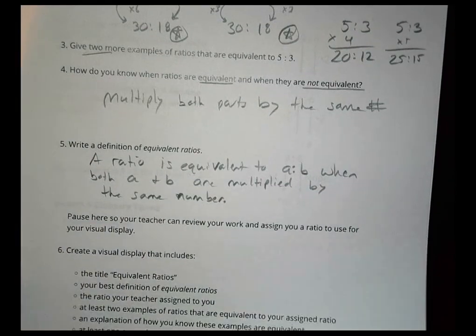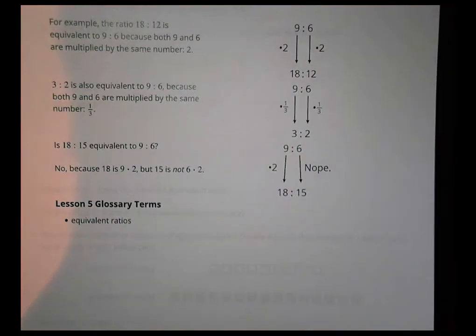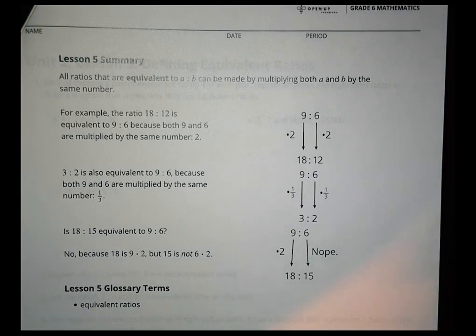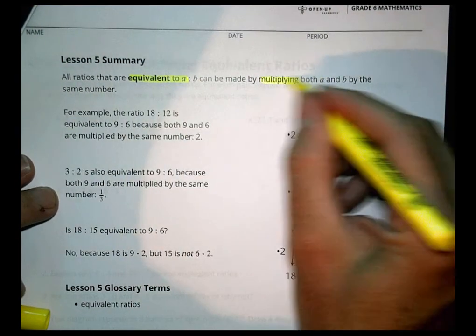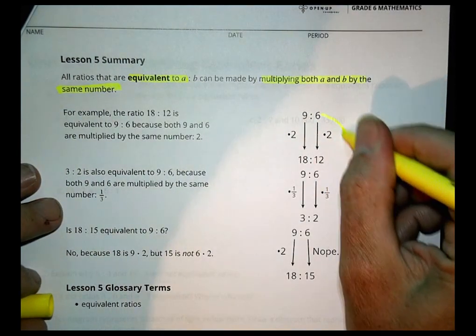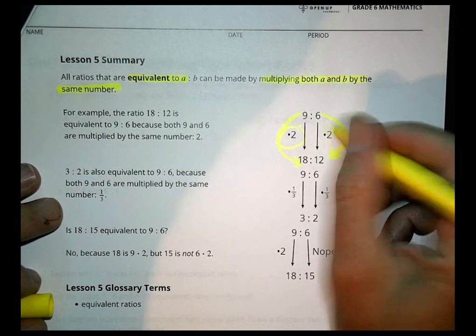So let's look at our summary, because it says it again in a little nicer handwriting than mine. I know my handwriting's not very great. All right, here we go. All the ratios that are equivalent to A to B can be made by multiplying A and B by the same number, right? So to get from 9 to 6 to 18 to 12, we're multiplying by times 2, times 2.